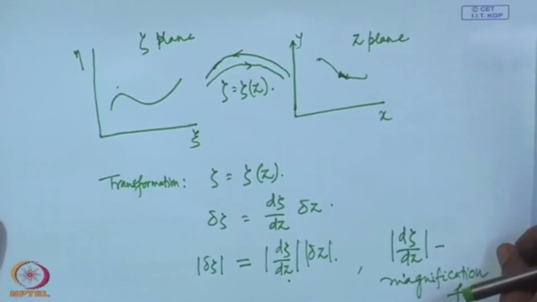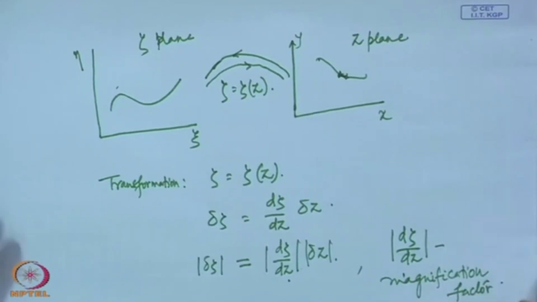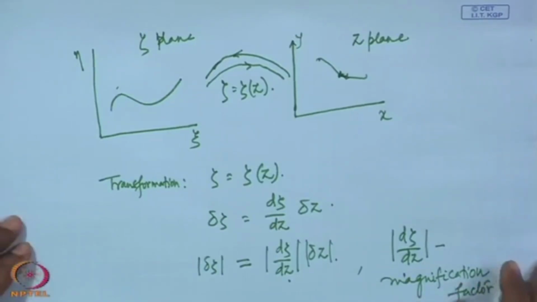Let us see what happens to the argument. This is the magnitude, the length; what happens to its argument? What is the argument of the left hand side? We will simply call it argument of delta z, equal to what?